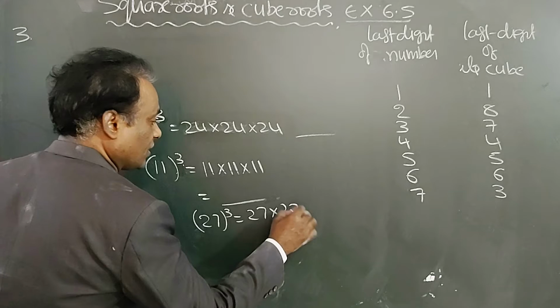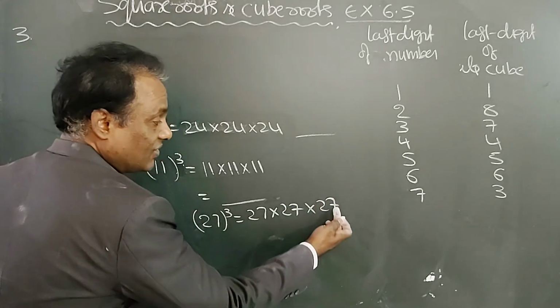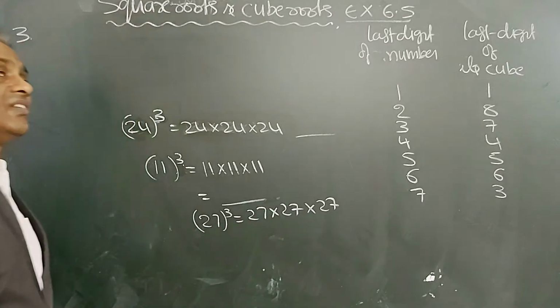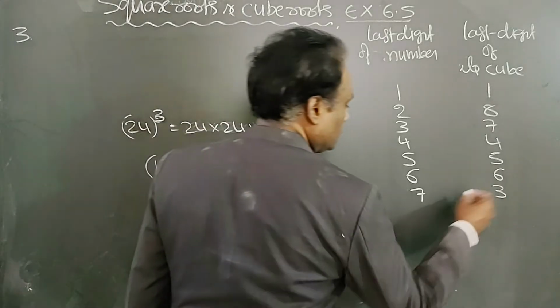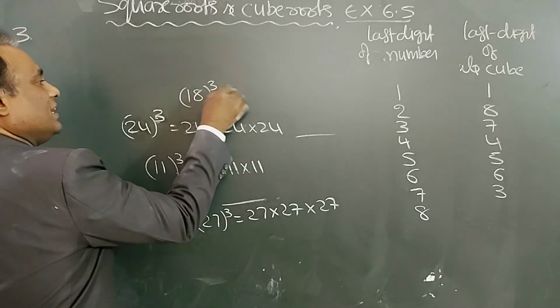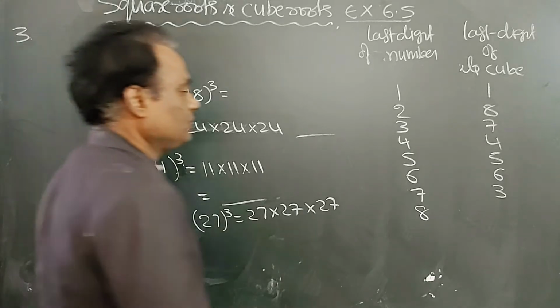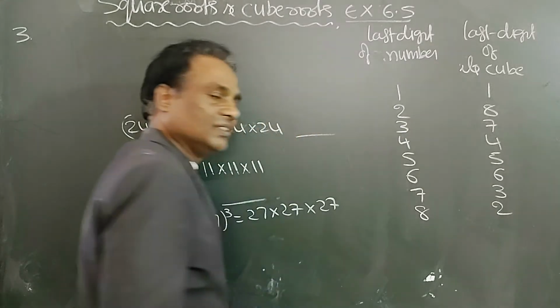If it is 7, that means 27 whole cube, 27 into 27 into 27. I am not asking the number, but what is the last digit? 7 7s are 49, 9 times 7 is 63, so the last digit is 3. Then 8. For example, 18 cube, 18 into 18 into 18. 18 into 18 is 324, and 4 times 8 is 32, so the last digit is 2.